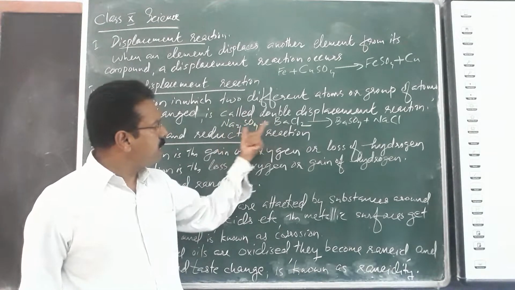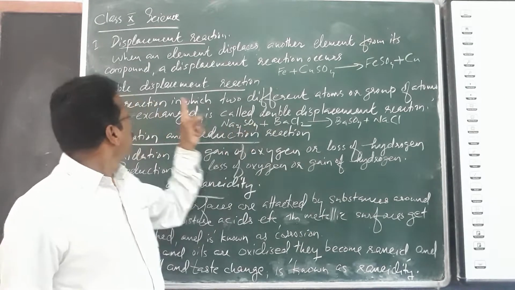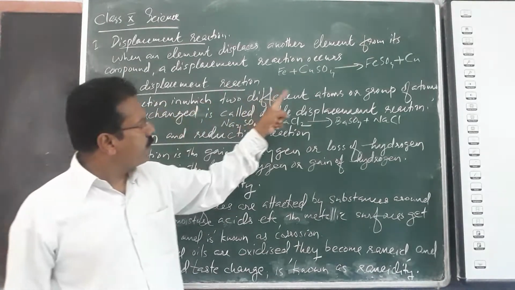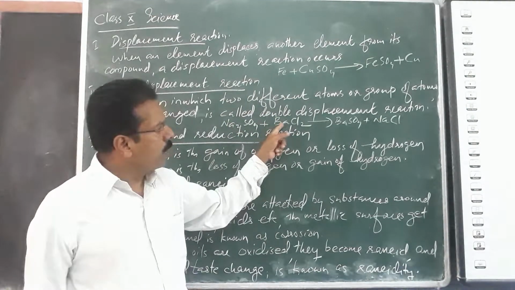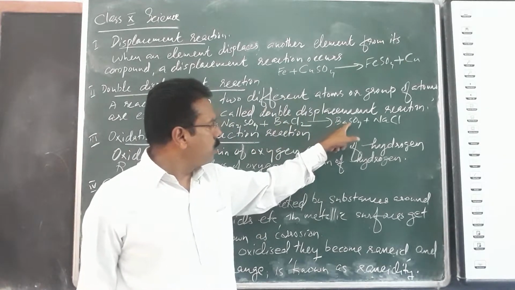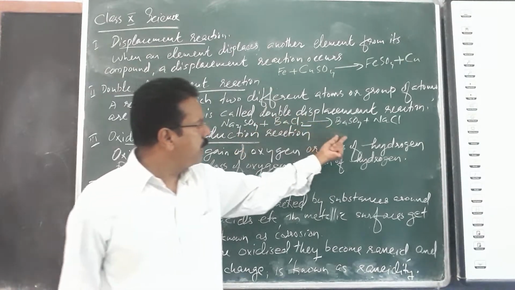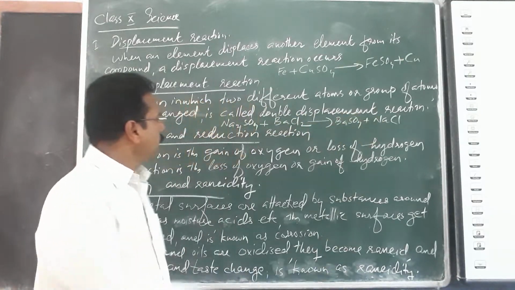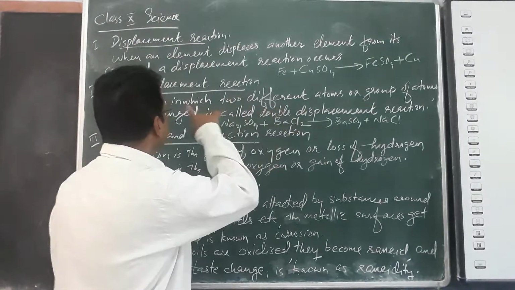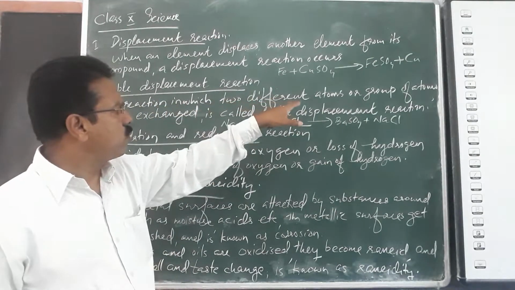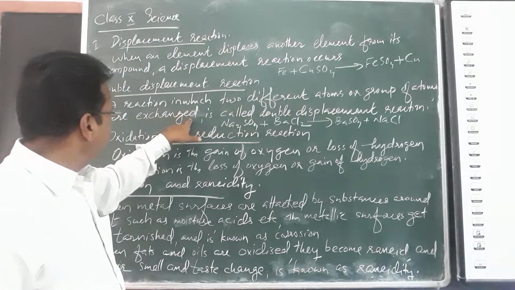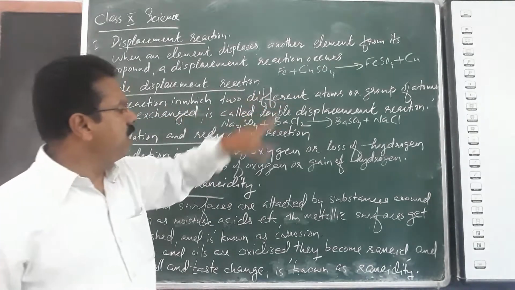Here sodium and barium are displacing each other. A reaction in which two different atoms, here sodium and barium, exchange, with barium going to the sulfate group and forming barium sulfate and sodium chloride. A mutual change. I will repeat once again: a reaction in which two different atoms or groups of atoms are exchanged is called double displacement.